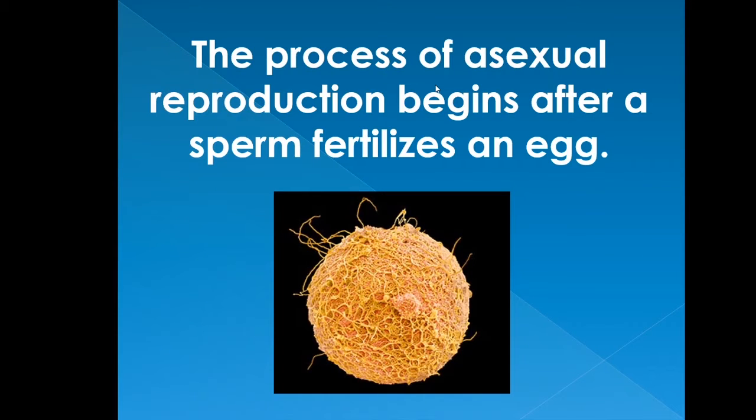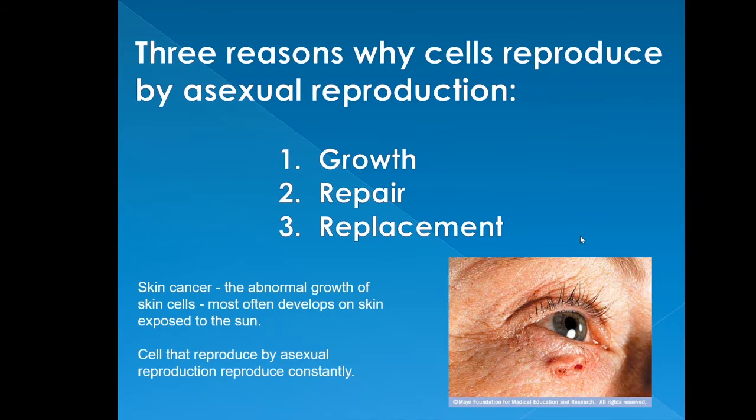All right, so the process of asexual, if you remember asexual from the first semester, that means it does not have sperm or eggs. It's asexual, just splits apart to make another. Reproduction begins after a sperm fertilizes an egg. So the asexual reproduction of cells happens after the sexual reproduction of the cells.